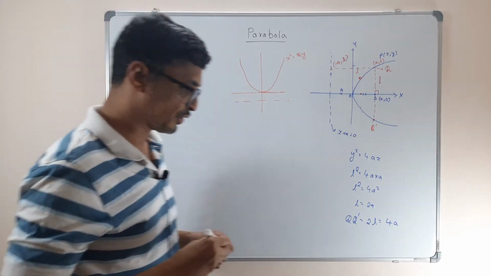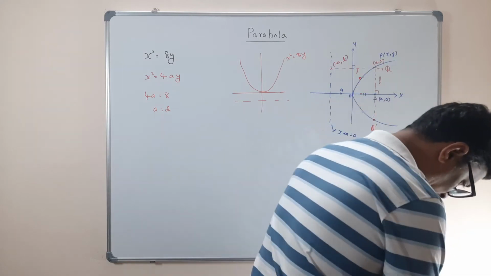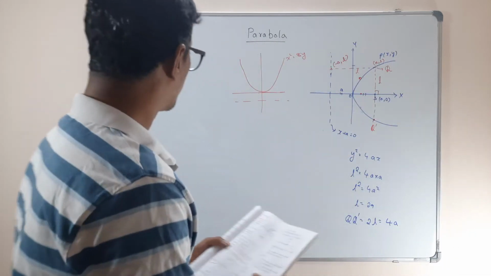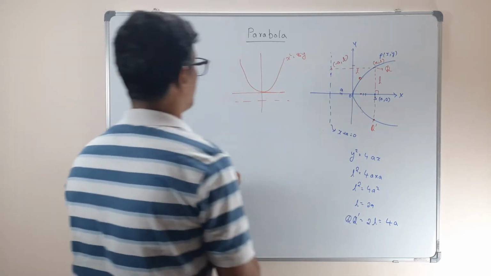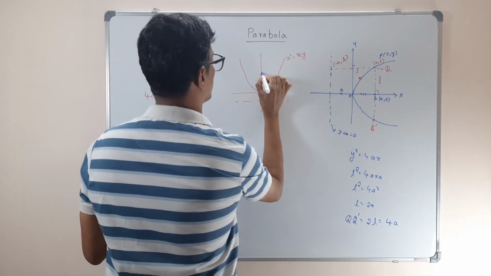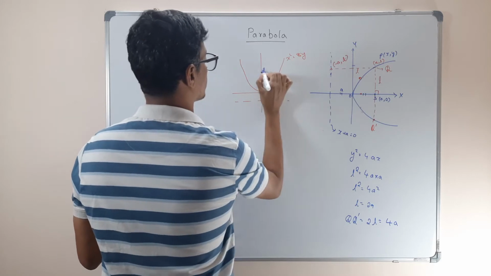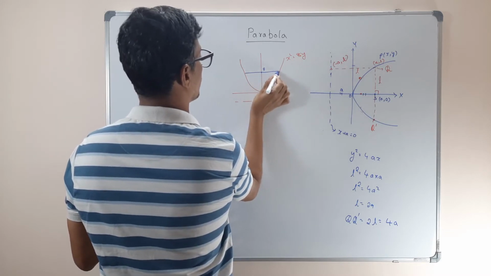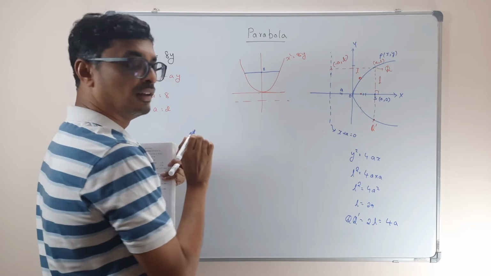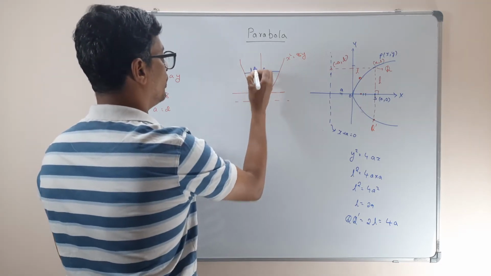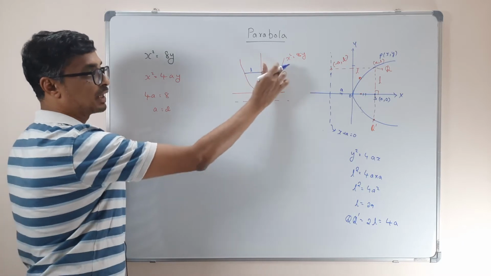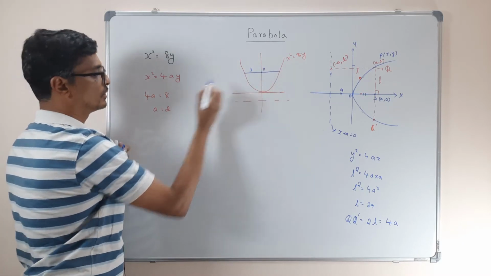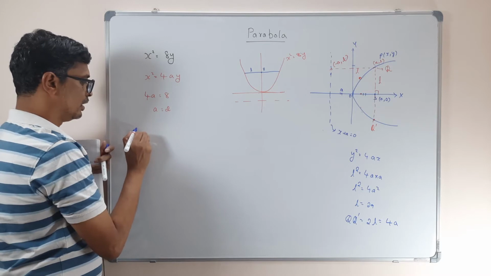Now, L will be 4 into 2, because the total is 2L. So let us call this the length of the latus rectum.